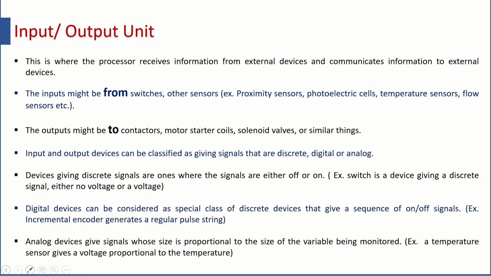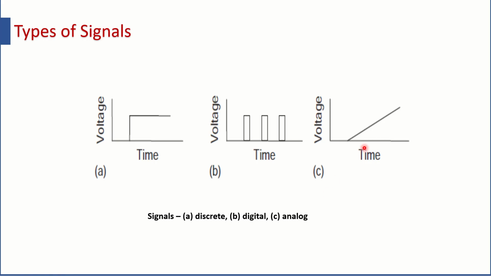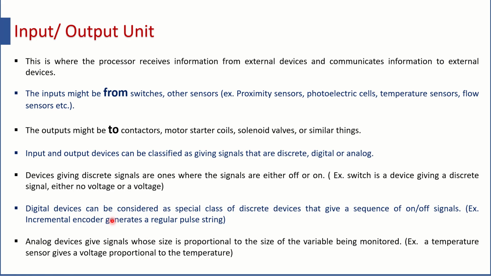Now, analog devices are those where the signal has a size that is proportional to the size of the variable being monitored. This is a completely new definition. The signal is voltage, whose size is proportional to the size of the variable being monitored.